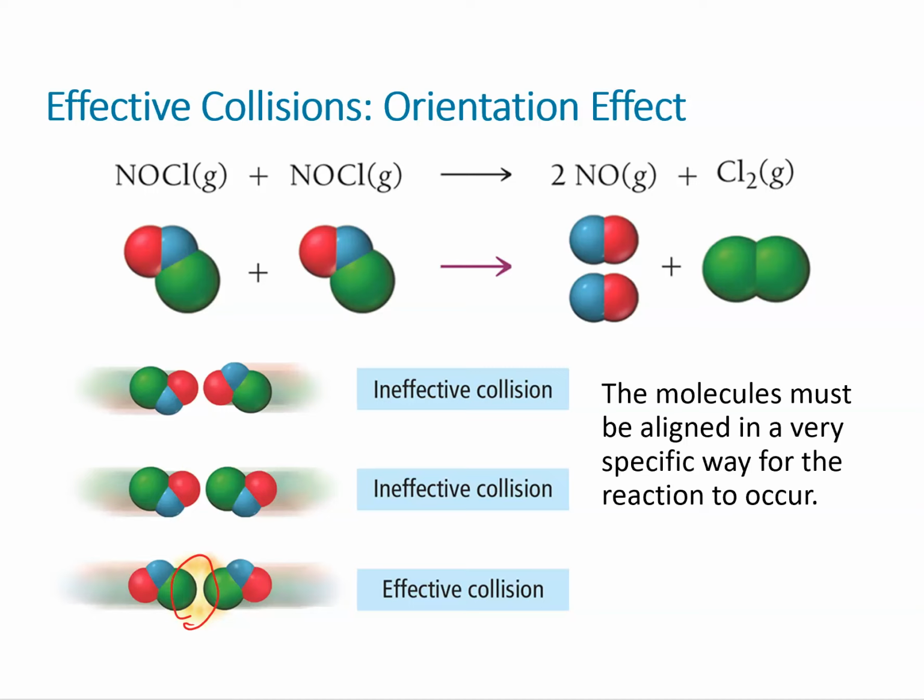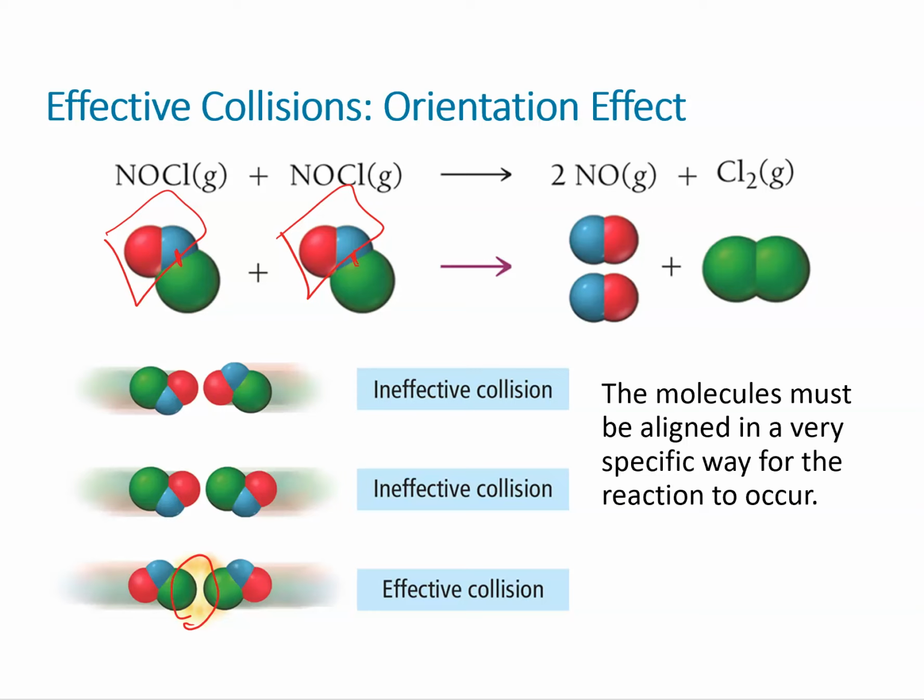But when the chlorine collides with the chlorine, they form a new bond and kick off the equivalent of NO. Instead of bonding electrons being shared between the chlorines and the nitrogens, those bonding electrons go between the chlorines, and we get from these two reactants 3 products.